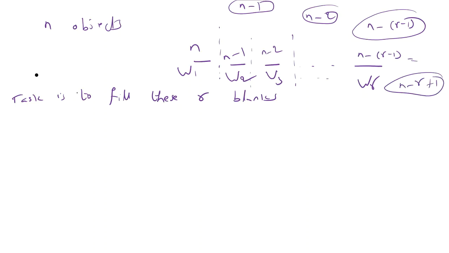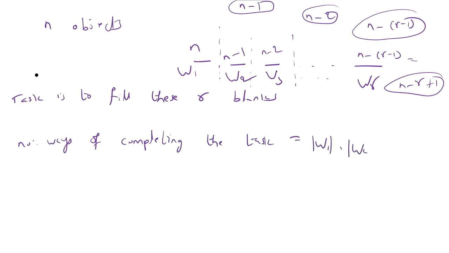Now the total number of ways of completing the task. The number of ways of completing the task is equal to the number of ways of doing W1 times the number of ways of doing W2 times the number of ways of doing W3 and so on, the number of ways of doing WR, which is equal to n times n minus 1 times n minus 2, so on up to n minus r plus 1.